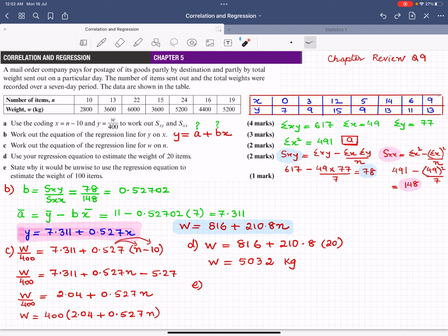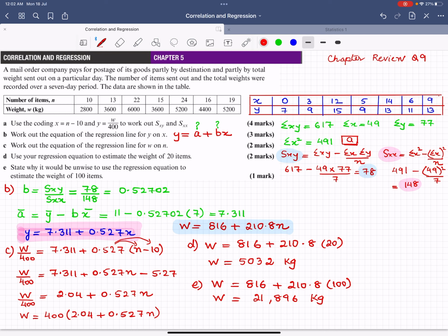So let us try it out first. Weight is equal to 816 plus 210.8 times 100, and when we work that out we get the weight as 21,896 kg.